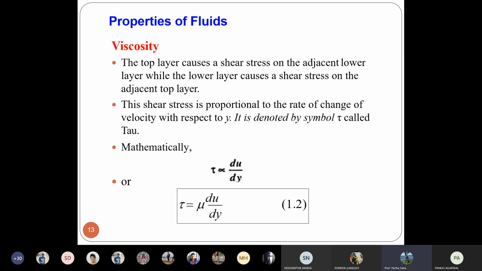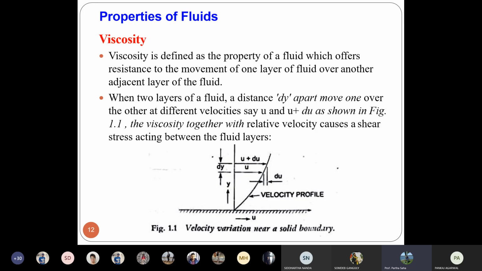This shear stress is proportional to the rate of change of velocity, which is the velocity gradient given by du by dy. So the shear stress which develops between two layers of fluid moving past one another, going back to the slide I'm showing here, where one fluid moves at velocity u and another at velocity u plus du, the velocity difference is du, applicable over a small distance dy.